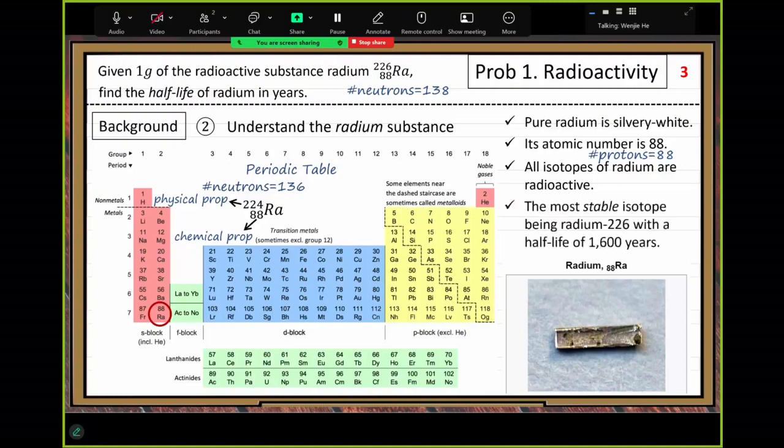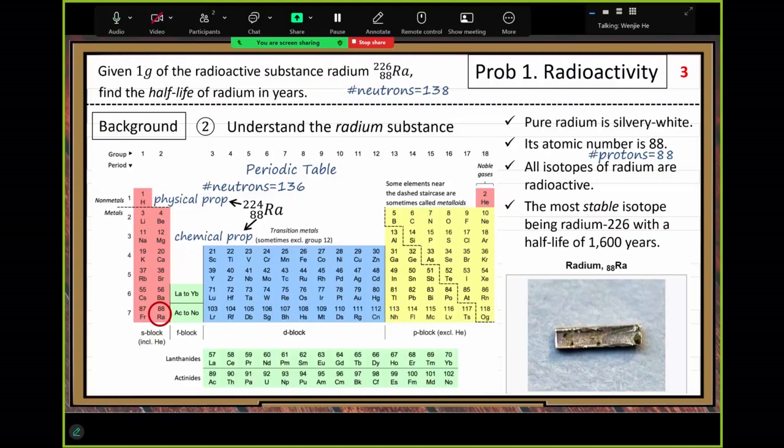All right. The most stable of these 2 isotopes, the most stable being radium-226. That one is most stable, because its half-life is a big number: 1,600 years.